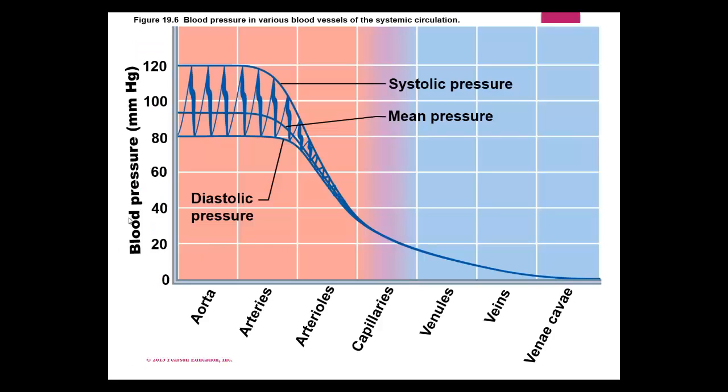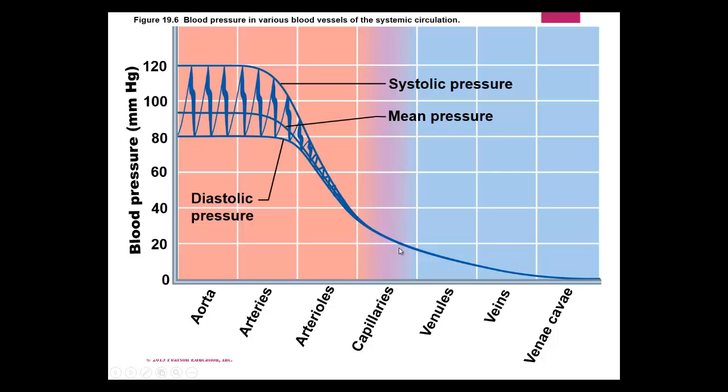Here, looking at pressure, we see high pressure. This is representing contraction of the heart. We see major pressure waves here in the aorta and the arteries. Then we see a drop in pressure when we get down to the level of the capillaries. But we still see some increased pressure here because we need a push to get the blood out of the vessels into the capillaries.